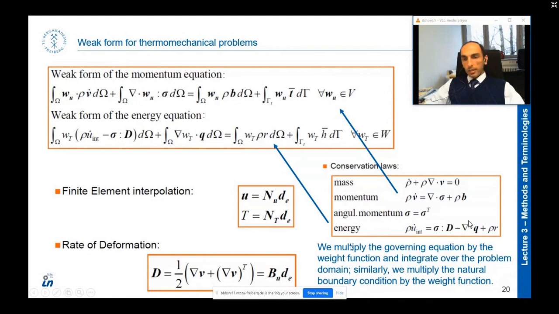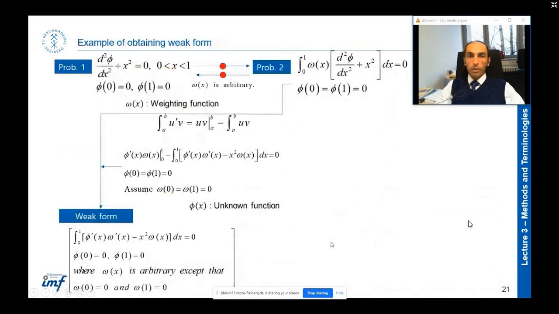And this is the definition of obtaining the weak form, as I said. If you want to go deeper, this is a very simple example of obtaining a weak form of a simple differential equation. It's the same: we have to multiply the equation by a weighting function, and then using this equation, which is familiar to you, you can reduce the order of the differentiation and make the equation simple, and obtain the weak form in this way.